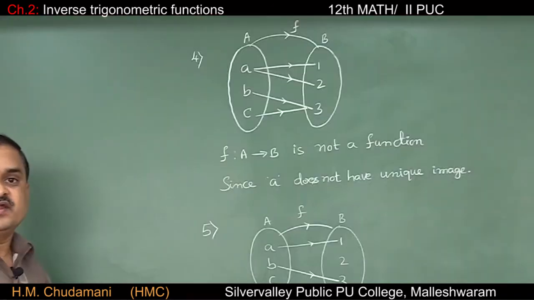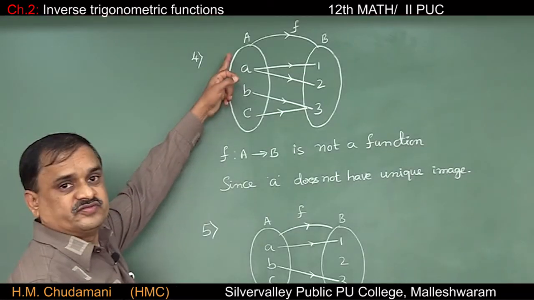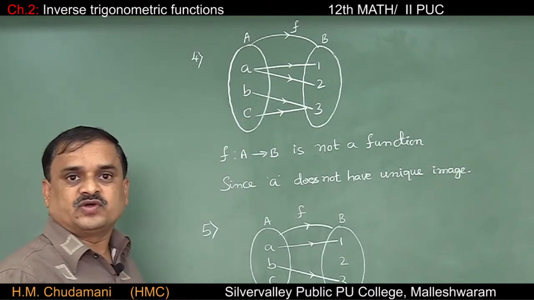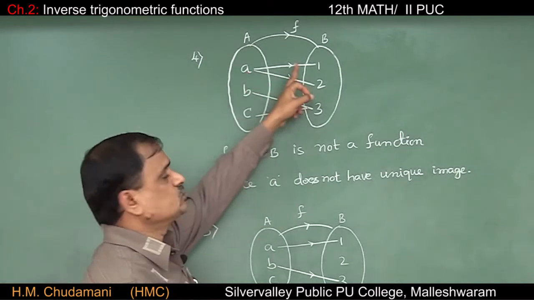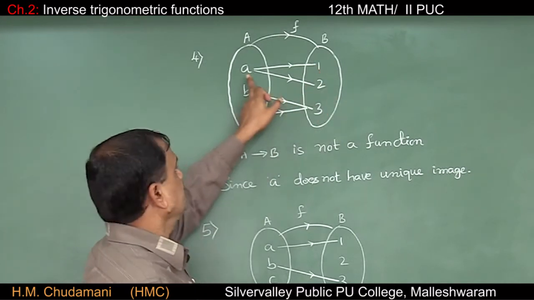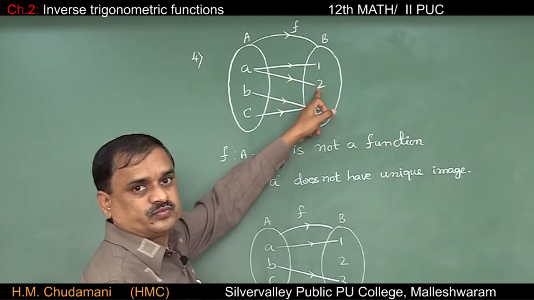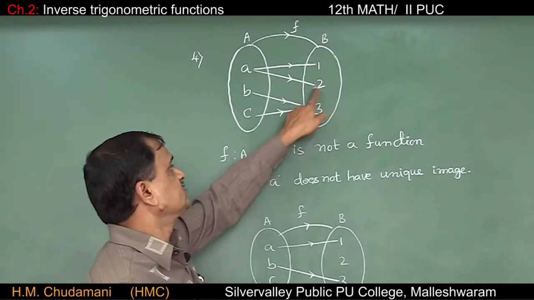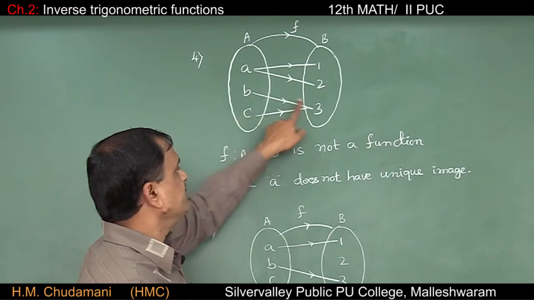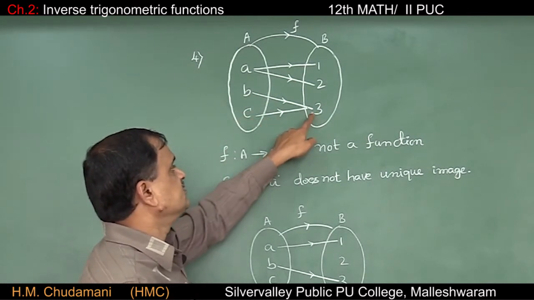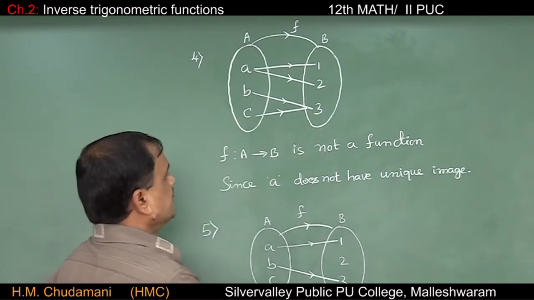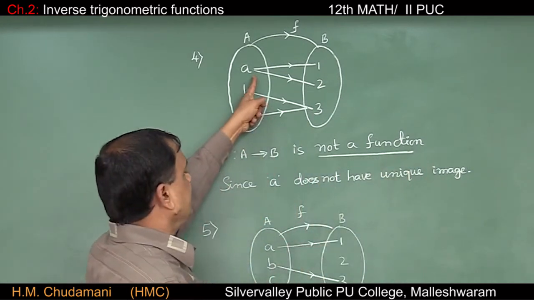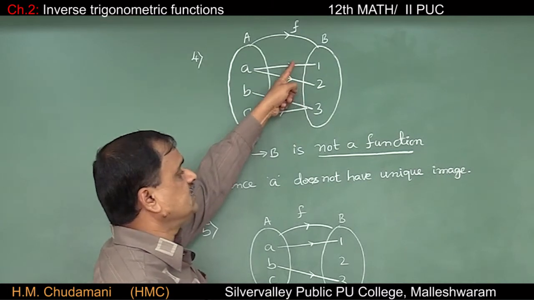Okay. Let me take one more example. The set A consists of A, B, C and the set B consists of 1, 2, 3. So A associated to 1, A associated to 2. That means image of A is 1 as well as 2. Image of B is 3, image of C is also 3. Observe this, it is not a function, because A does not have a unique image.